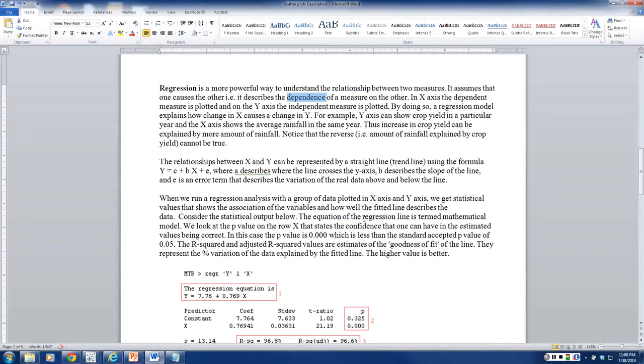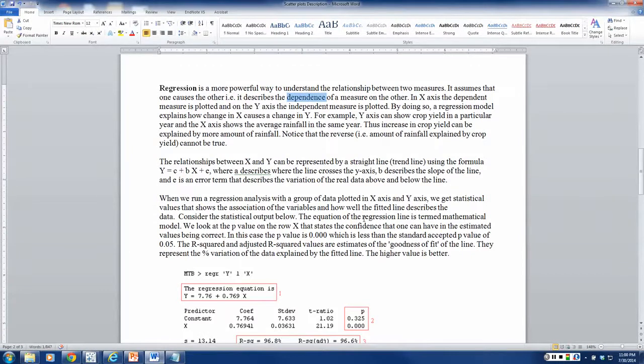If we know that profit depends on sales, if we know that shipping price depends on sales, that means if we do some adjustment in sales, then definitely that will be reflected in profit or shipping price. That's why regression is much more powerful than correlation. In correlation, if we say that, okay, profit and sales are highly correlated, we would not be able to determine whether profit is explained by sales.